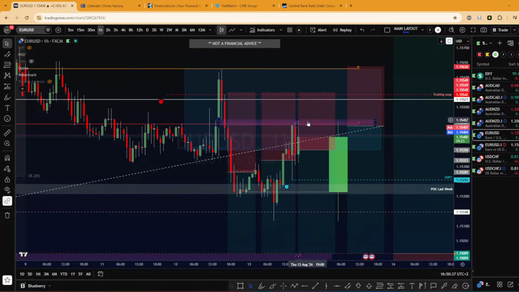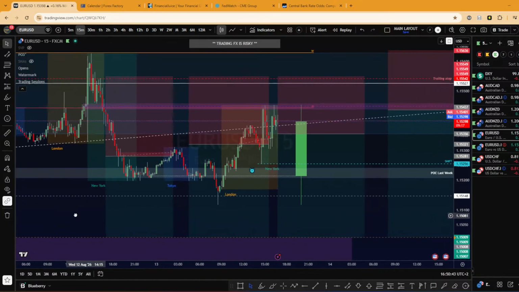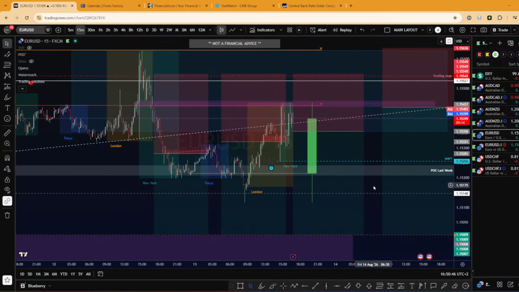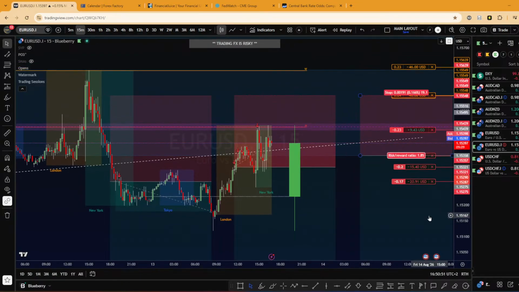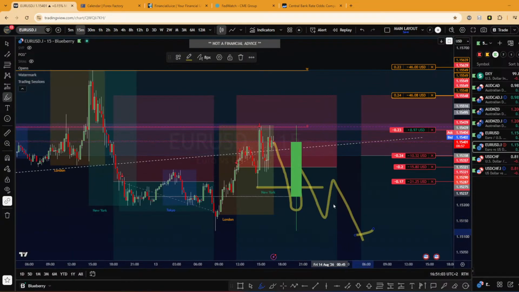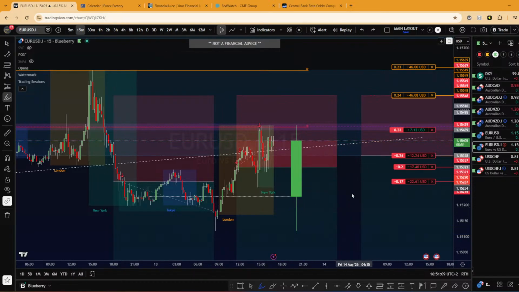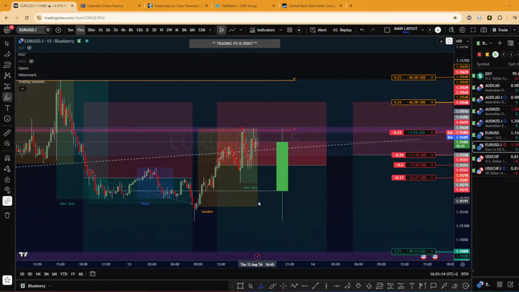If I see some closure above, this will not look good for me, and I think I will reduce my risk on Euro USD. Okay, so let's see if at least we could close below this one, and then see if we start to print some bearish order flow. That's all I want to see right now, today. If not, I will close some risk on the table.